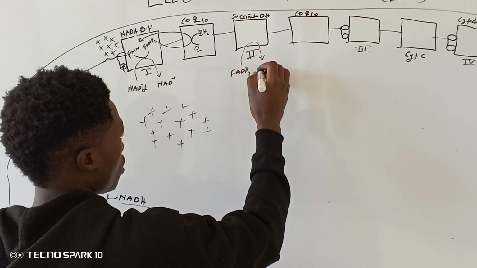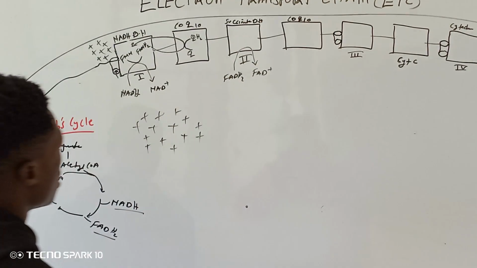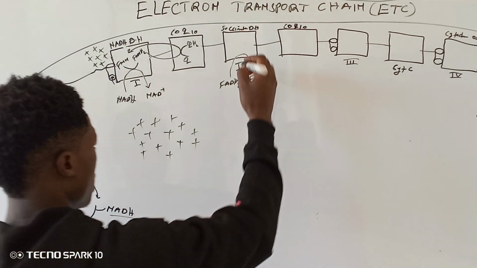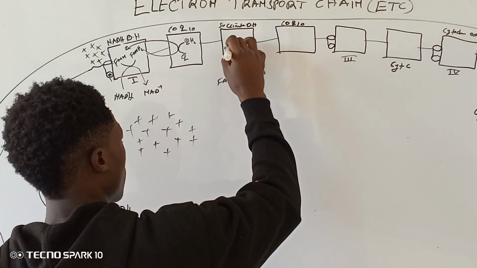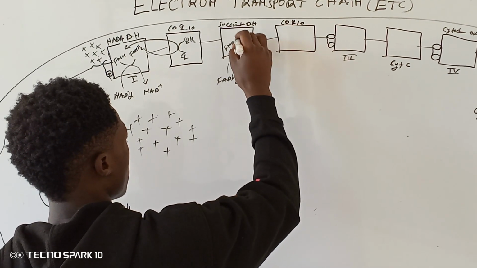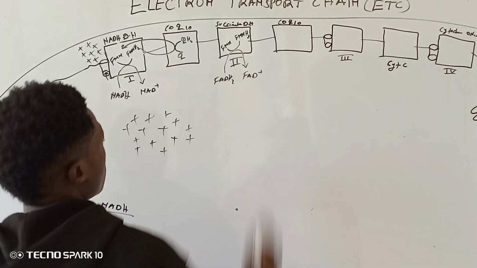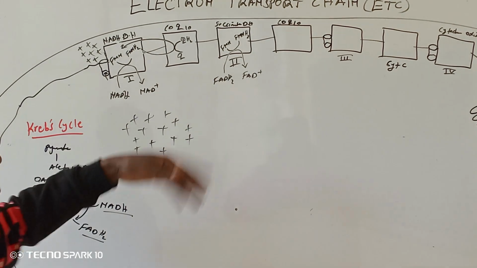So FADH2 is going to be converted to FAD plus. It's going to be oxidized. Then the same thing is going to happen. The electrons are going to be taken up by flavin mononucleotide. But remember, complex 2 doesn't have the receptor for pumping the protons out.